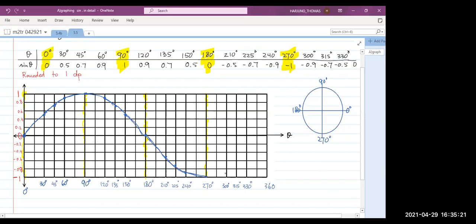And go on further, negative 0.9, negative 0.7, negative 0.5, 0. Okay, this is the graph of sine in one period.